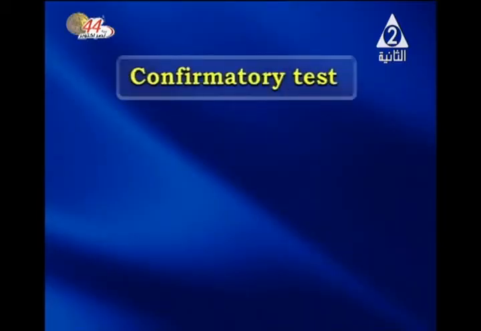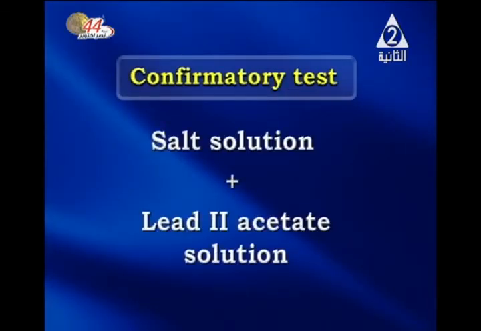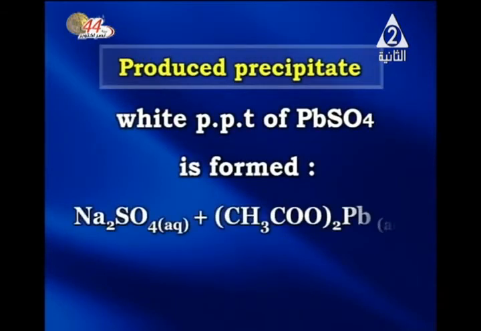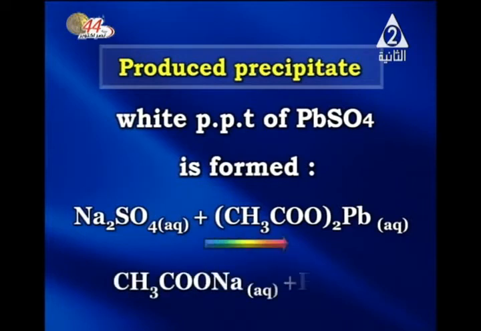The confirmatory test: here the salt solution plus lead 2 acetate solution gives white precipitate of lead sulfate. As the equation shows, sodium sulfate plus lead acetate gives white precipitate of lead sulfate and aqueous solution of sodium acetate is formed.